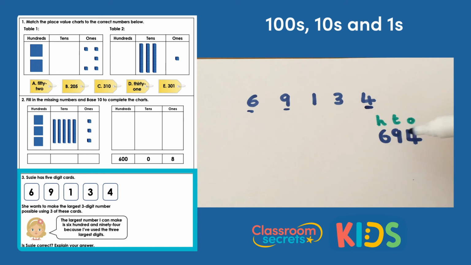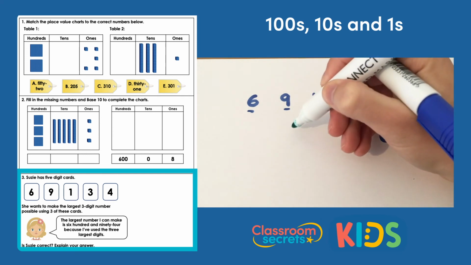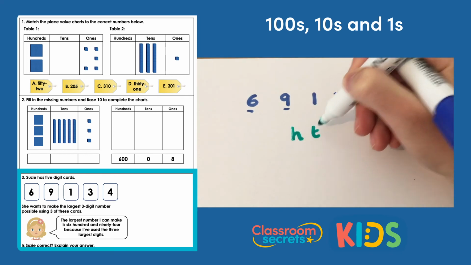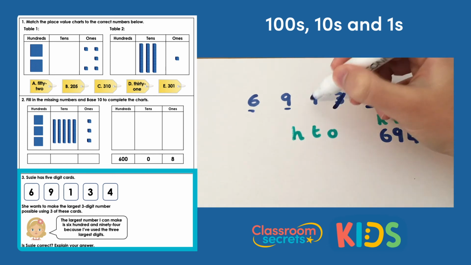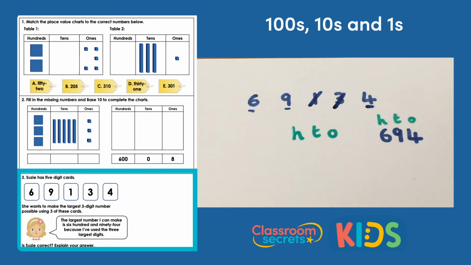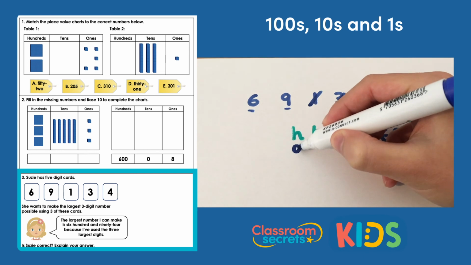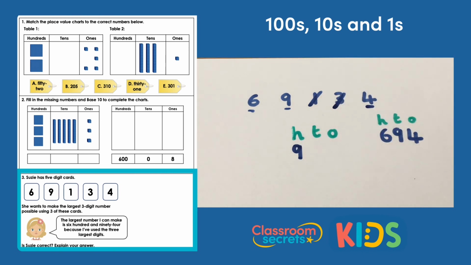We can rearrange those, we can swap those numbers around to make sure we have the highest number possible, the greatest number possible. So let me put my hundreds, tens and ones in here. And because we know we're working with the 3 largest digits anyway, I can cross those other ones off because we don't need them. So 694, our largest digit is 9. So that's going to give us the most hundreds. That's going to give us the largest number.